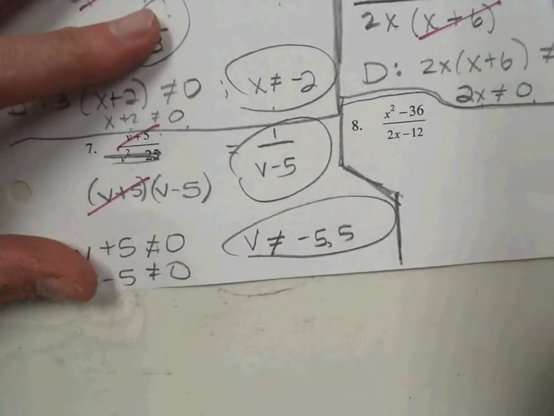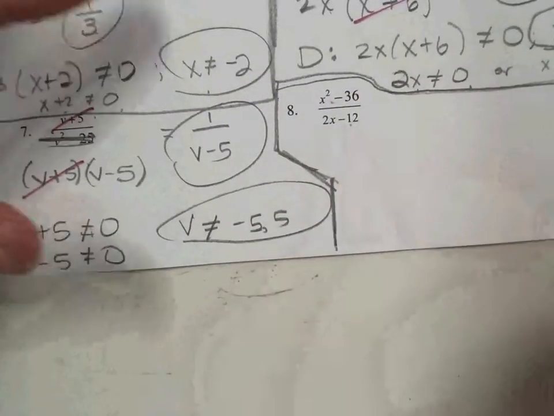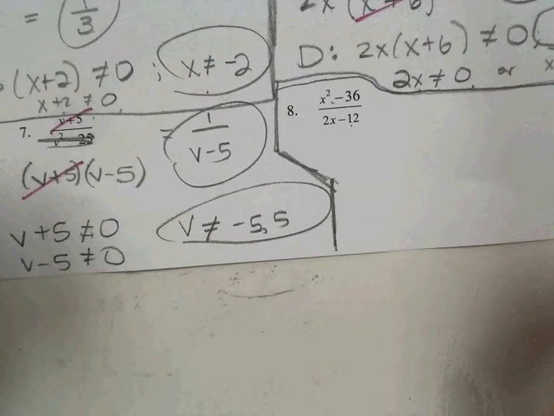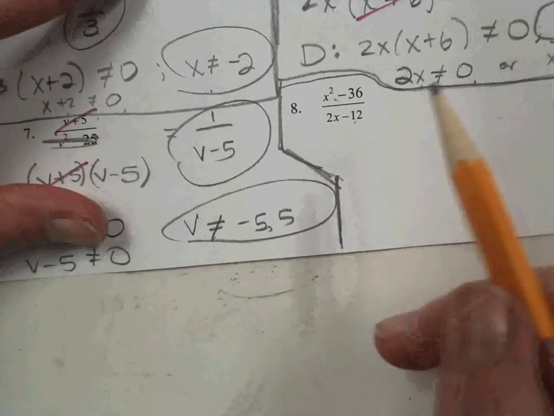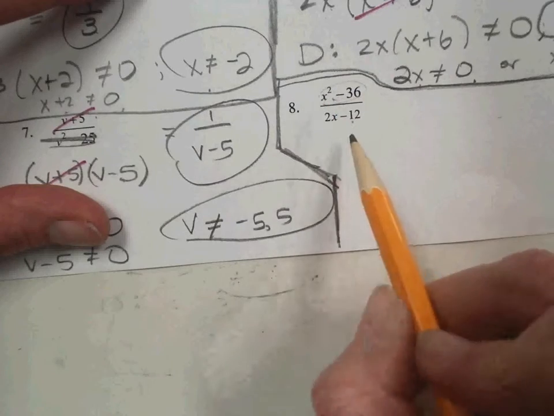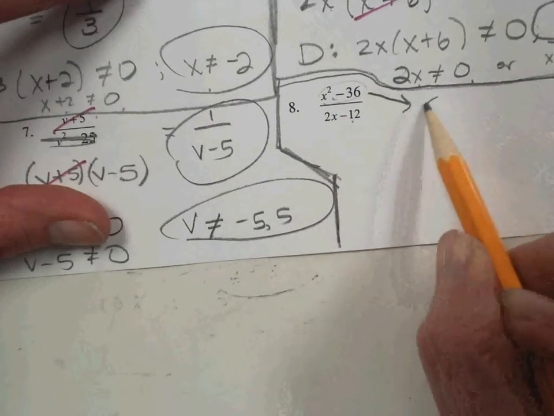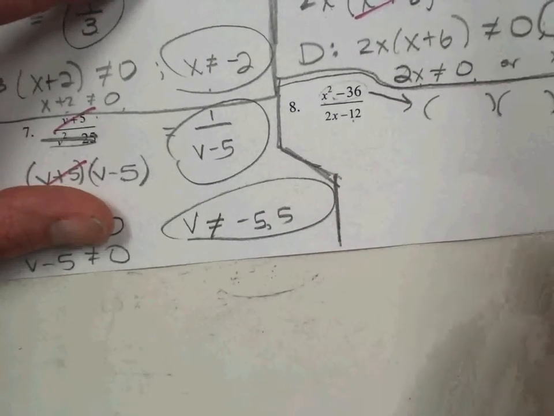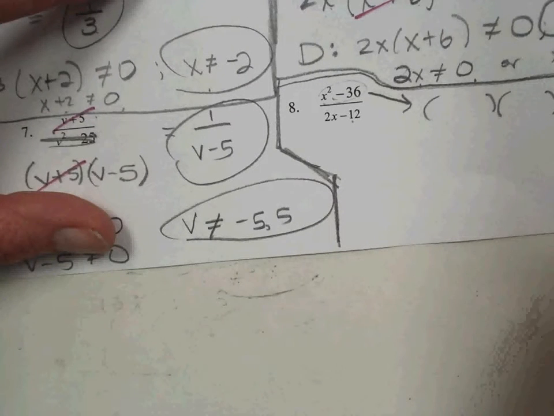All right, last one on this page. How can we factor that numerator? x squared minus 36. What pattern is that, Leslie? How does that get factored?